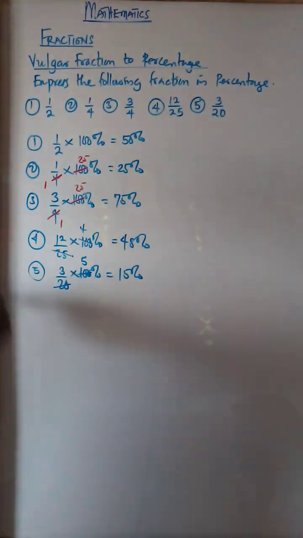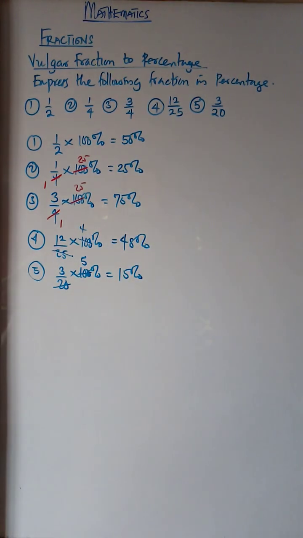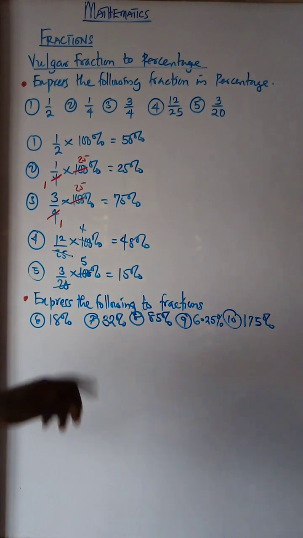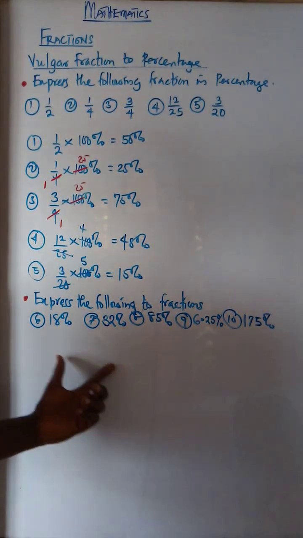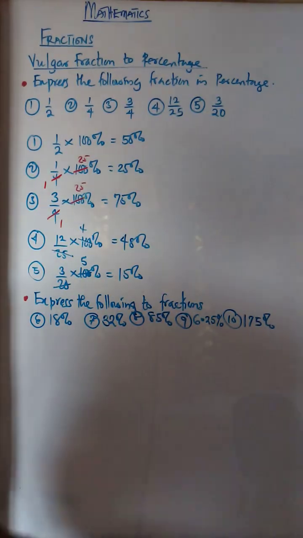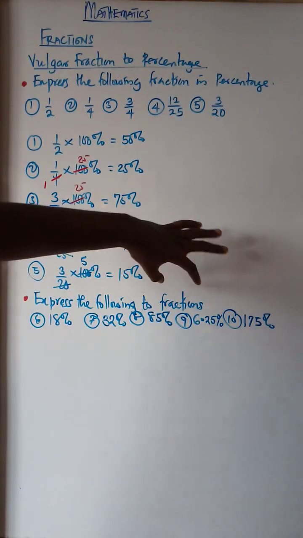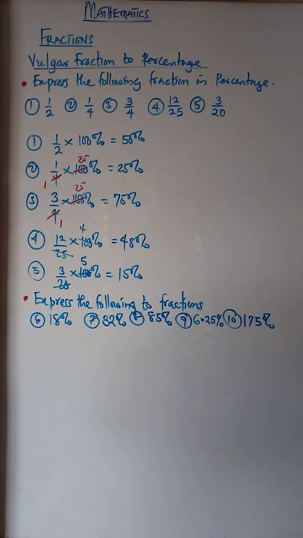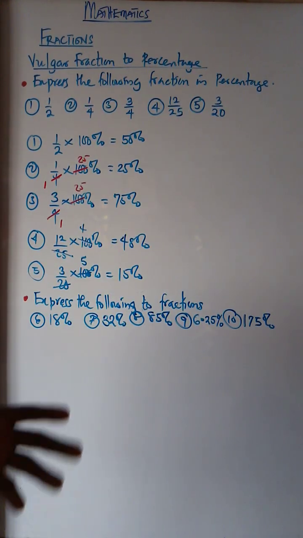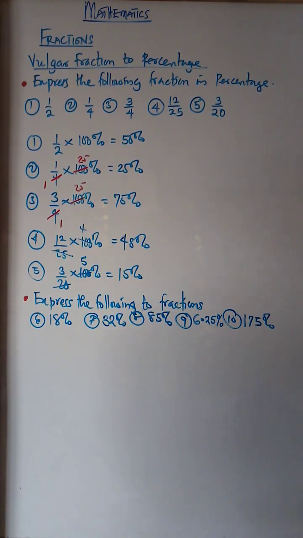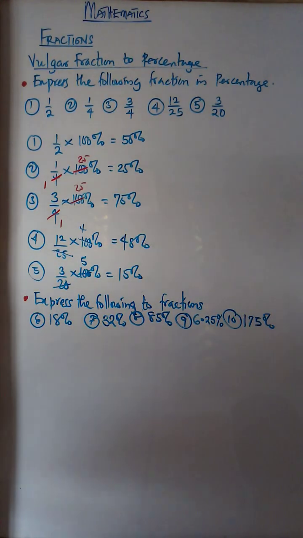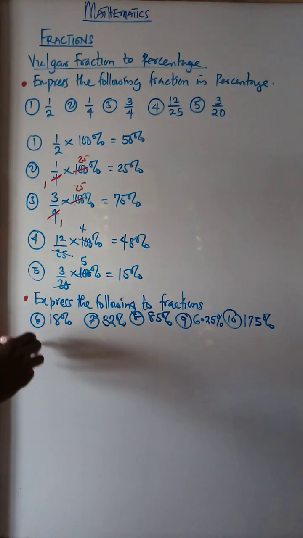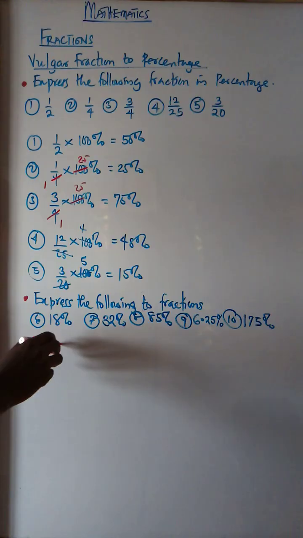Now let's do the opposite. Percentage to vulgar fraction. Express the following percentages as fractions. Anytime the word fraction is used, most times it's referring to vulgar fraction. But if it's a decimal fraction, you just say decimal. So now what do we do? It's very simple. The first one, number 6, 18%.